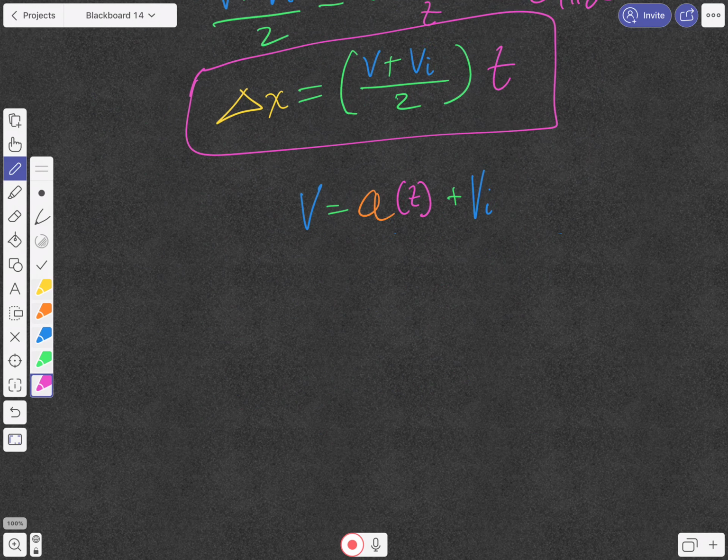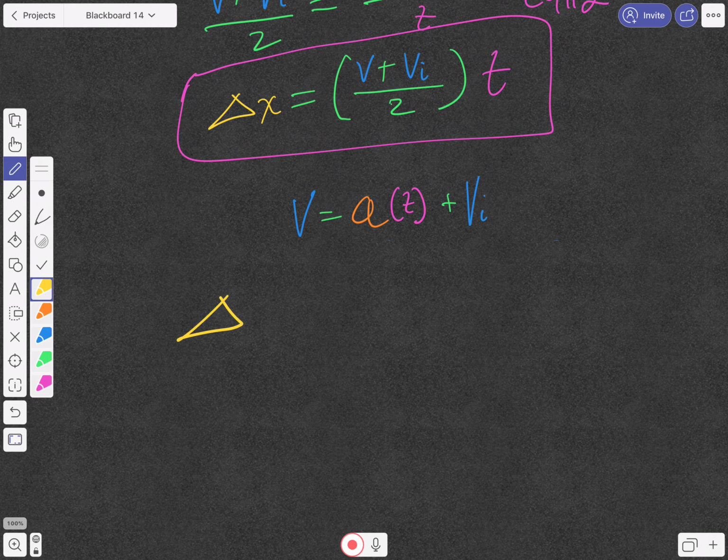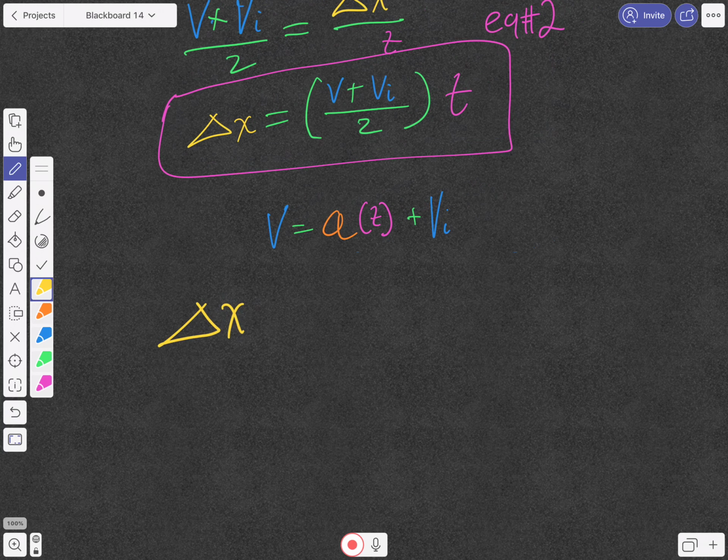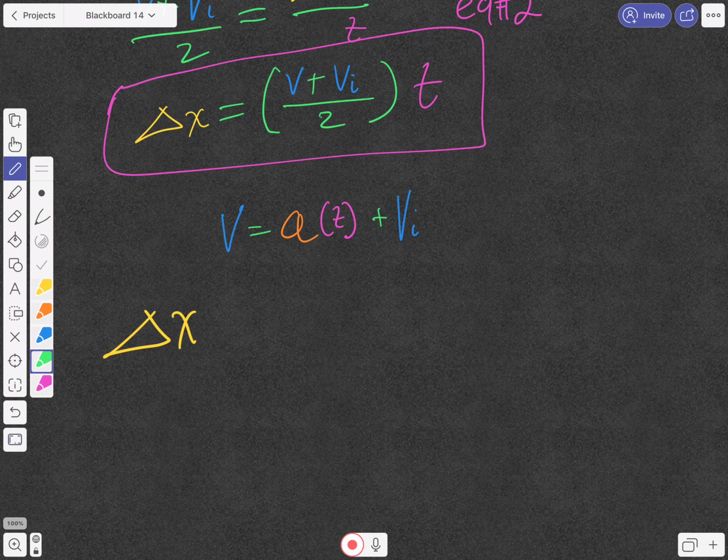Again, our delta x is going to be equal to, now we're going to place this formula in for v here. So we have acceleration times time plus vi, put parentheses around that.